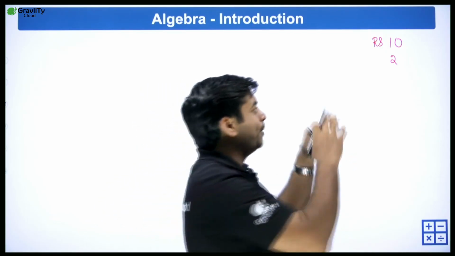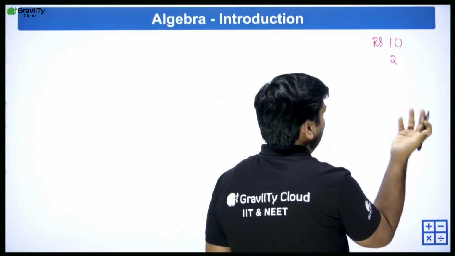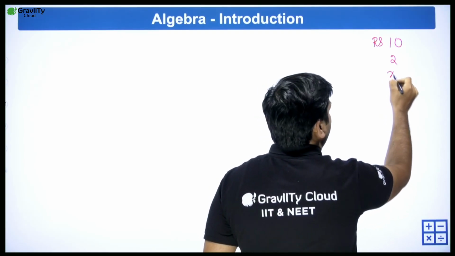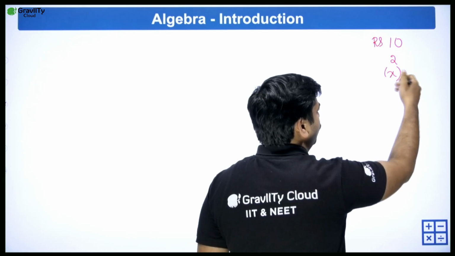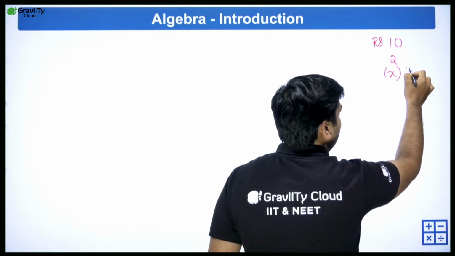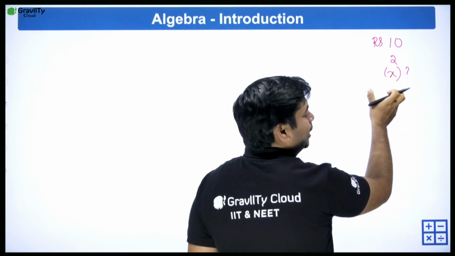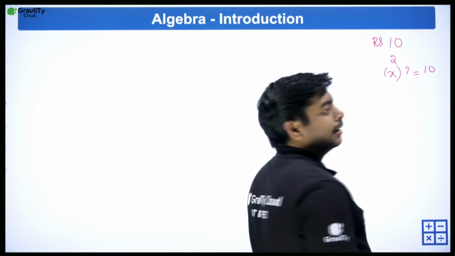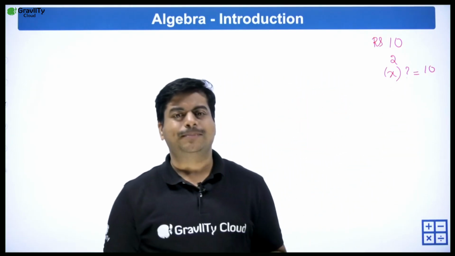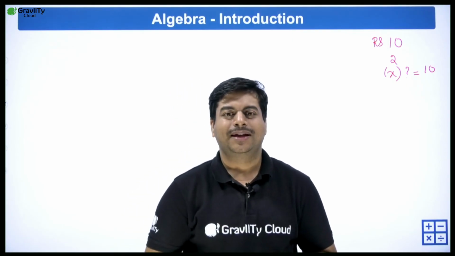So, you want to buy some chocolates, I don't know how many. Let us say 2 or 3 or 4 or 5, such that the complete money should be equal to 10 rupees, because you have 10 rupees with you.